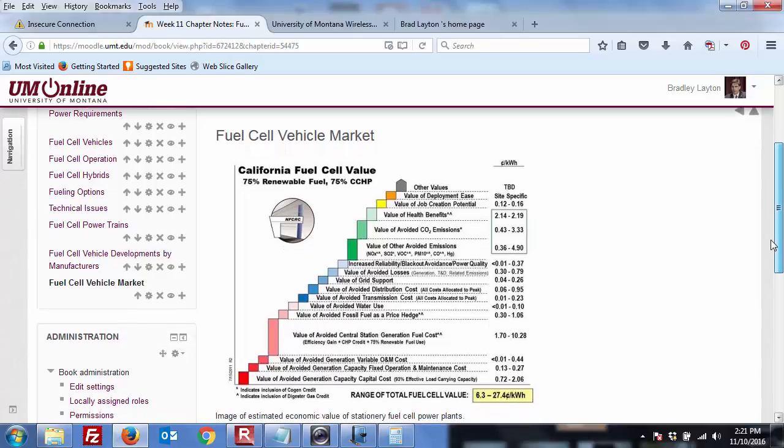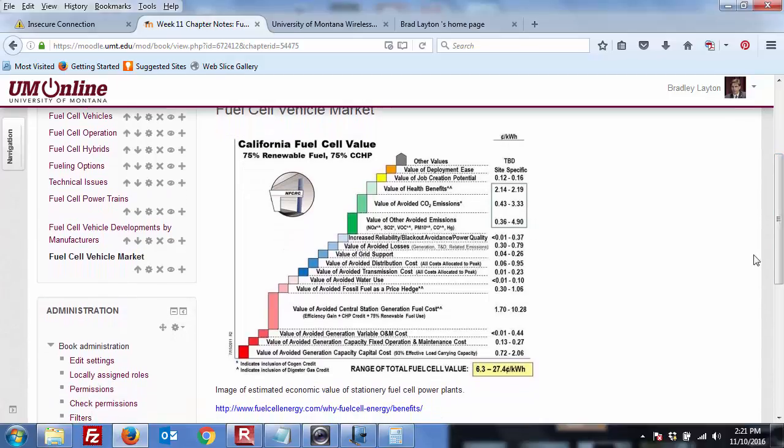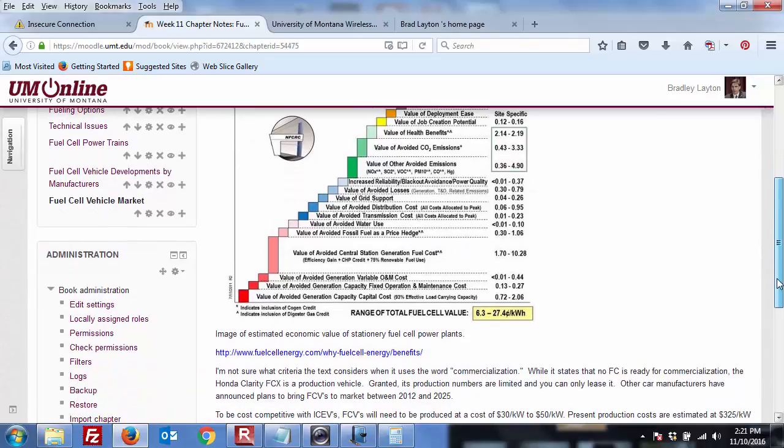So the fuel cell market is actually fairly well developed. Here's where it starts to get interesting when you add value from CO2 emissions and health benefits. So lack of the junk pumped into the air.